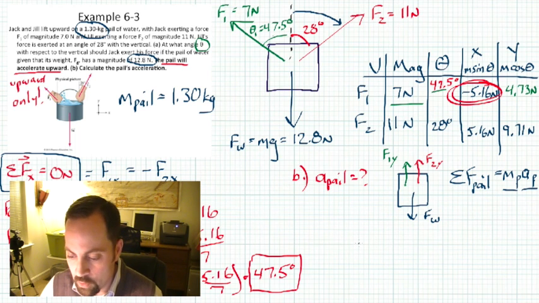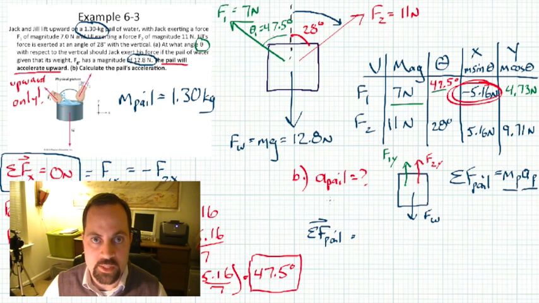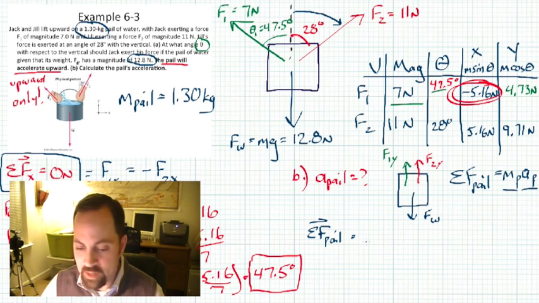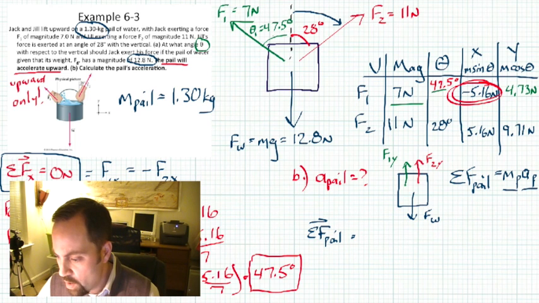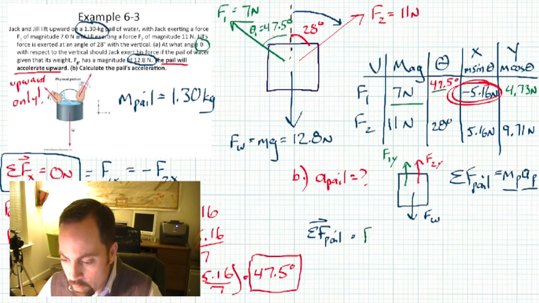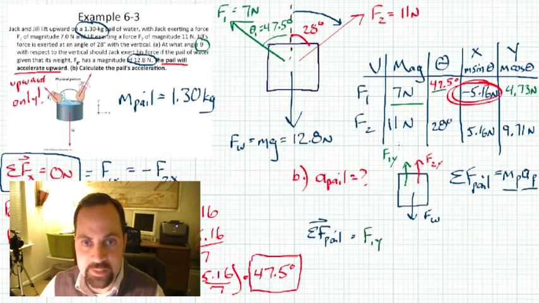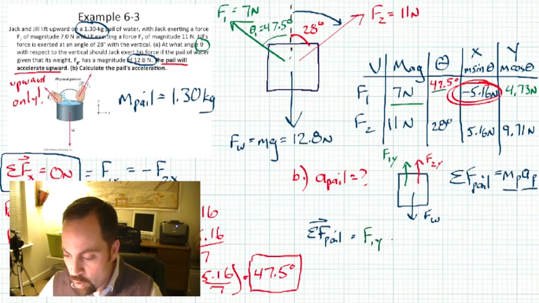What's also true is that the net force on the pail can be described as these three forces working either with or against each other. That means it equals F1 in the y direction, and by the way, that's positive, plus F2 in the y direction.